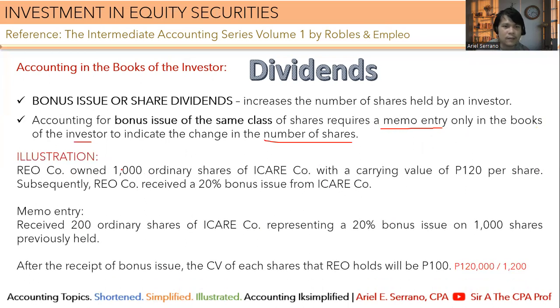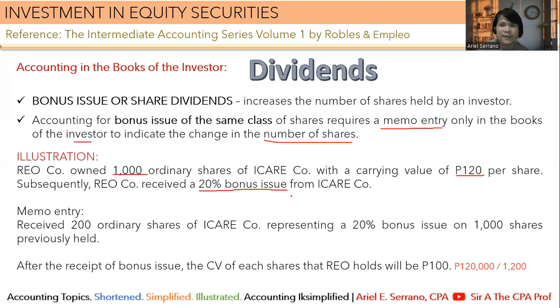Reo Company owned 1,000 ordinary shares of iCare Company with a carrying value of 120 pesos per share. Subsequently, Reo Company received a 20% bonus issue from iCare Company. By the way, I am not presenting here the journal entry from the books of the investee, the issuing company. But there, we have a consideration: is this a large or small bonus issue?